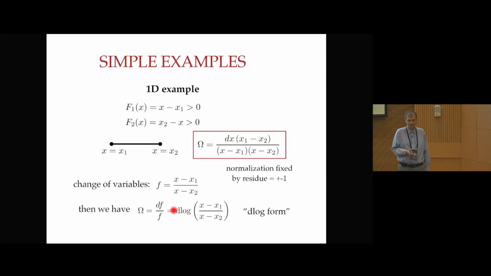We will write it as d-log of the argument f, which is equal to (x minus x1) over (x minus x2). So this is what we would refer to as the d-log form. We can write it like this. This is perfectly fine. But if we want to make manifest this property that near the boundary it behaves like dx over x, we have to change the variables to write it in this d-log form. Okay. Any questions about this simple example? Yes?